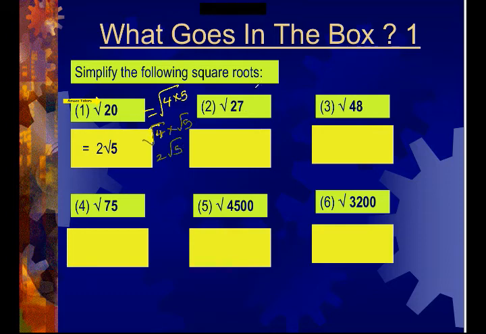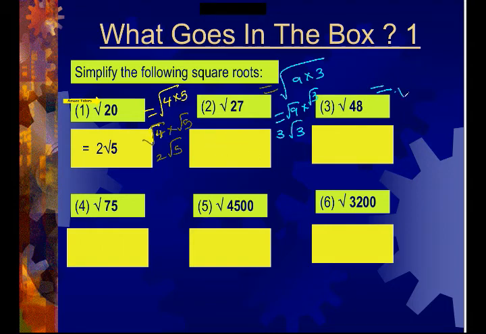Now second question, that can be written as 9 and 3. 3 9s are 27. Again, square root of 9, square root of 3, 3 root 3. We will do all of them and then see the box. So 3 root 3 in the box.